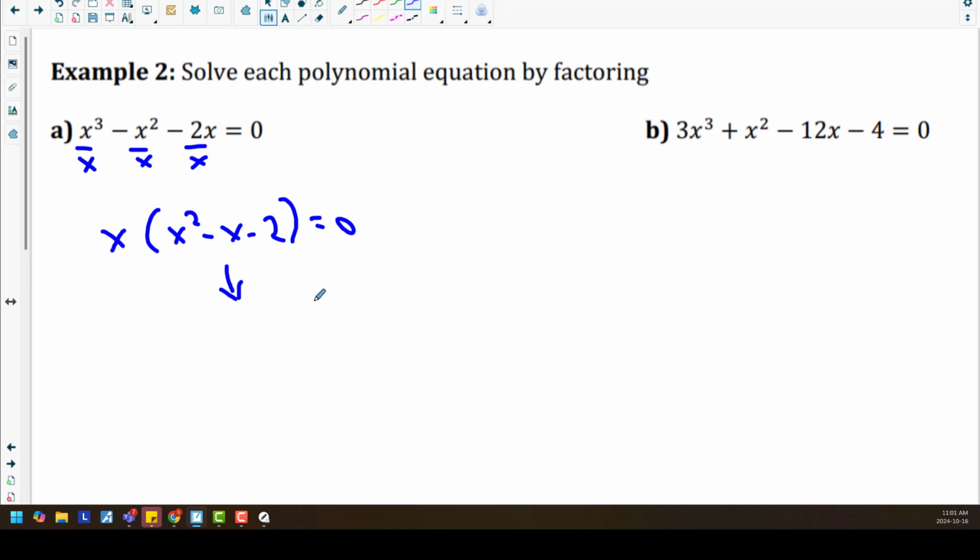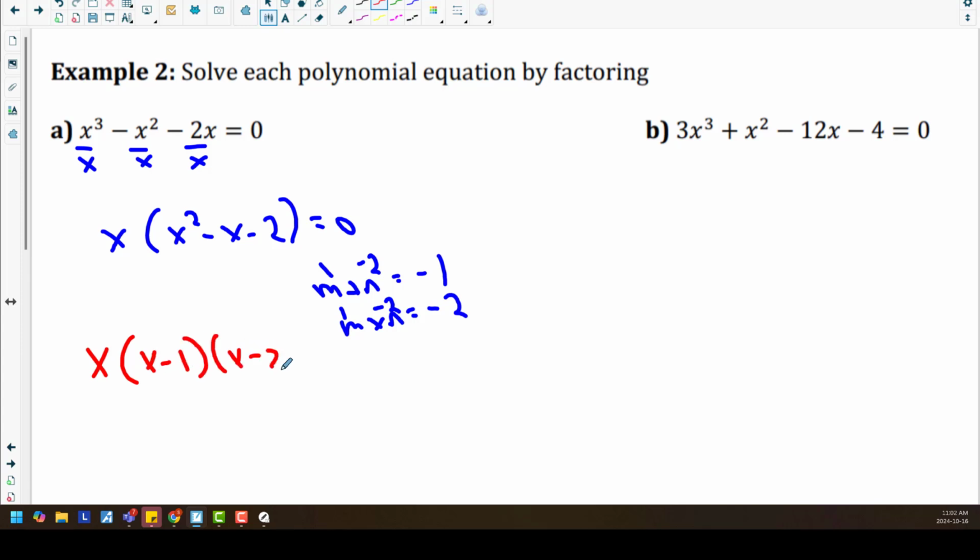Any two values that add up to -1 and the same two values that will then give us a product of -2. And let's see, I'm thinking 1 and -2 solves this. So here x minus 1, x minus 2 equals 0.